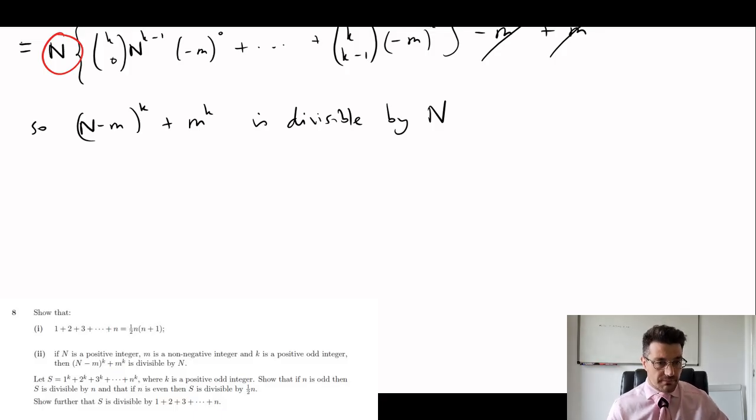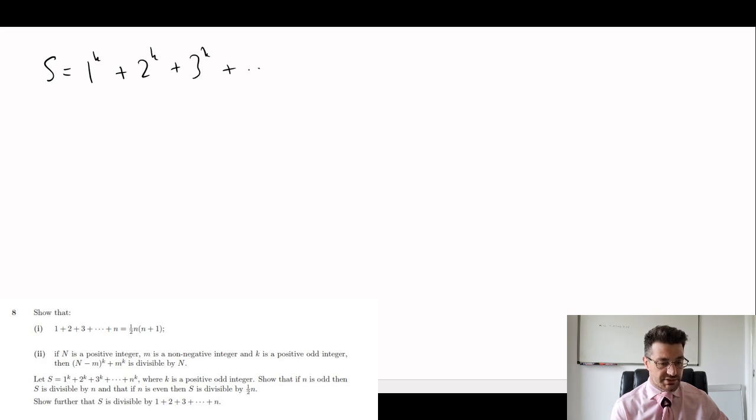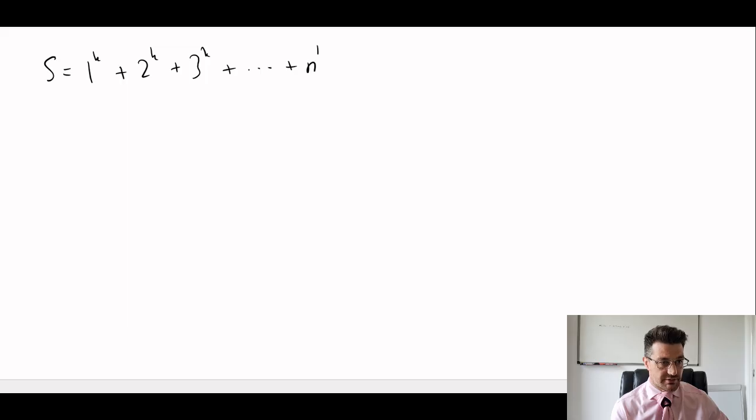So now, we're going to have to bear that in mind, that's going to be a useful result for us. So now we move on to the next part, which is let s equal 1 to the power of k plus 2 to the power of k plus 3 to the power of k plus and so on up to n to the power of k, where k is a positive odd integer.